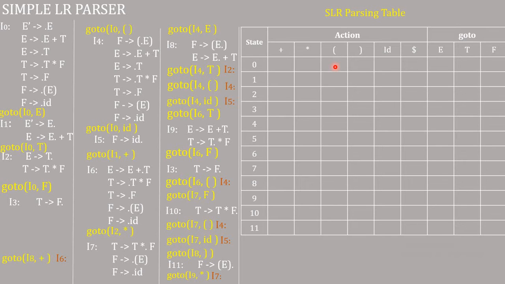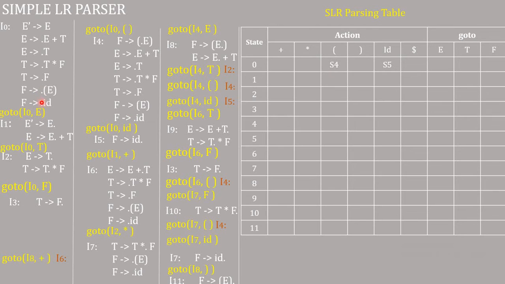It is based on the result of goto of I0 comma open bracket. What is the result of goto of I0 comma open bracket? It is I4. So in state 0 and the open bracket column, we place S4.